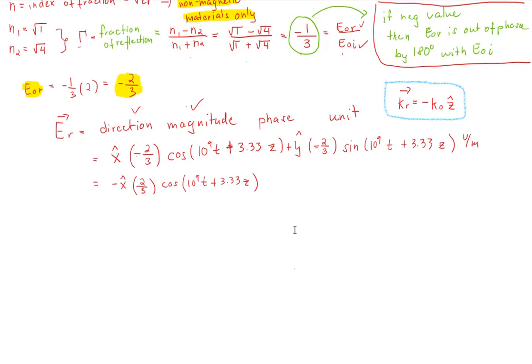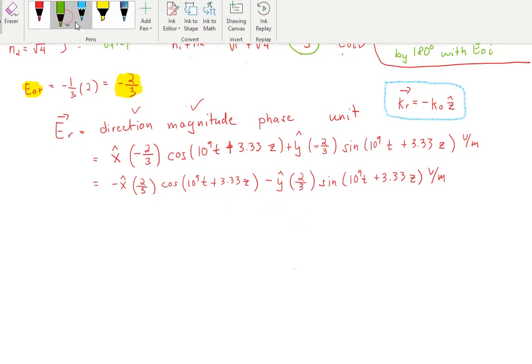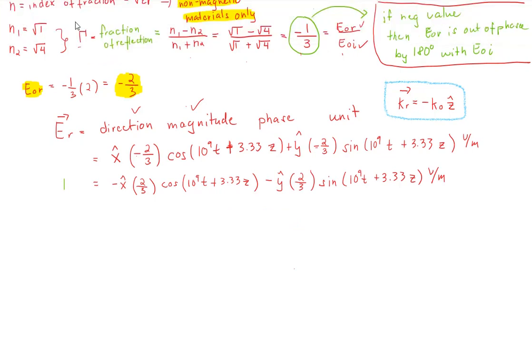Now we have negative here and positive here, so that's just going to be negative y hat, and then 2/3 sine omega 10 to the 9 t plus 3.33 z, and that's volt per meter. Now we've done our E's of R or reflected. We have the wave function for it, okay, or wave expression.